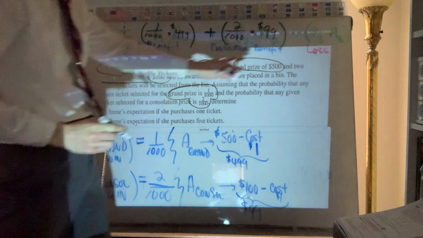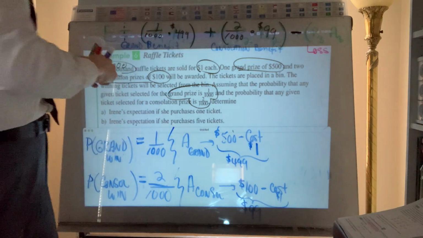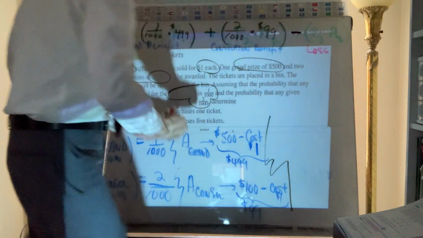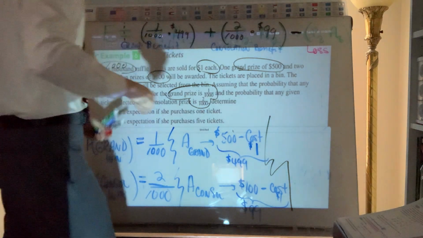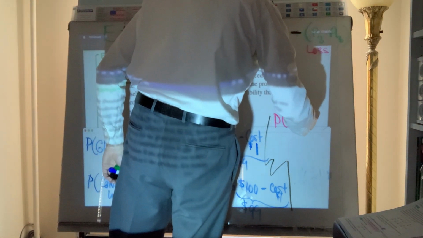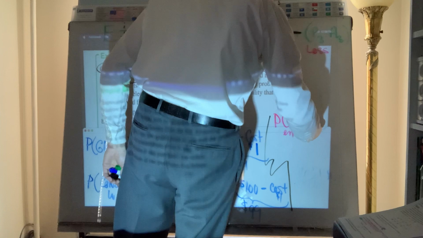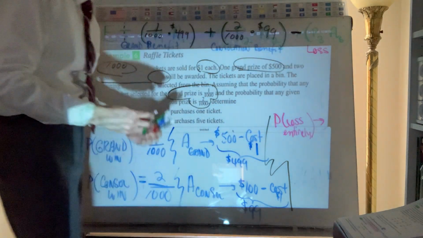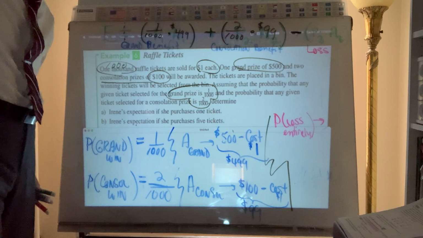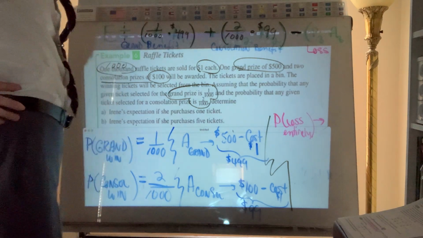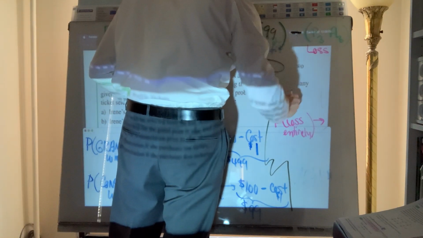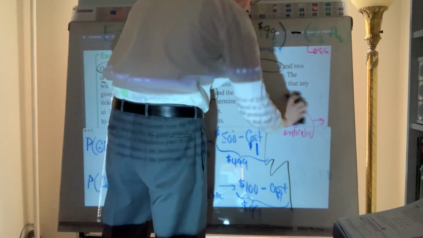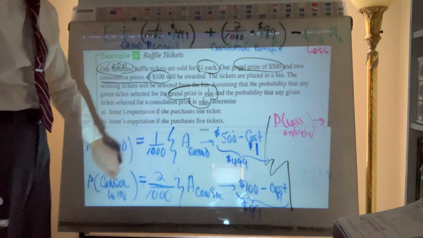All right, now the loss is the amount that we're going to subtract out of this in theory. But we have to figure this out. What is the probability of losing entirely? Well, the probability of winning is 1 in 1,000.